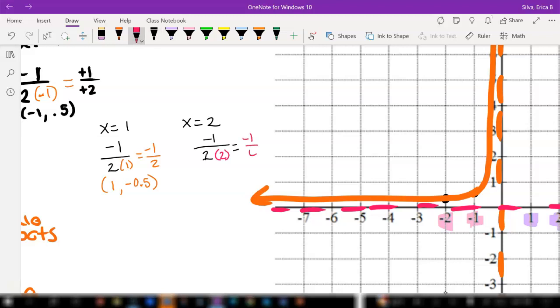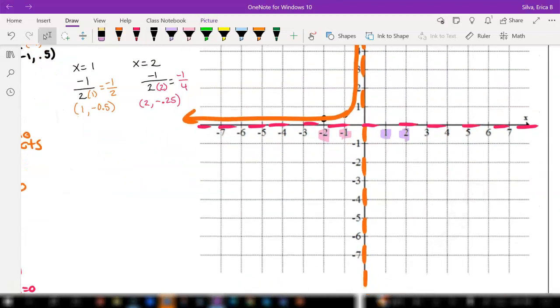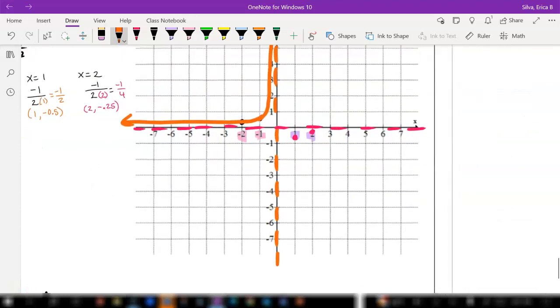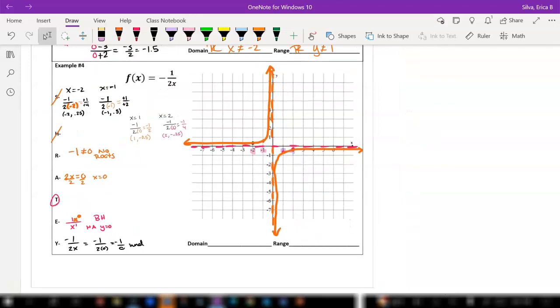That gives us negative 1 over 4. And that is 2 comma negative 0.25. So we've got 1, negative 0.5 and then 2, negative 0.25. So again, now we have enough points to see that it's going to be super close to that asymptote already. And that's what my graph looks like.